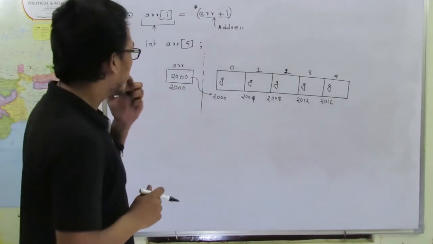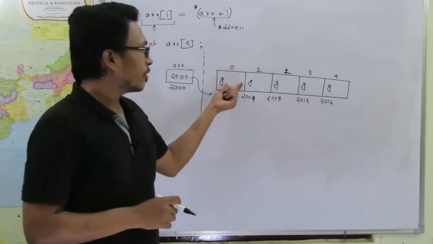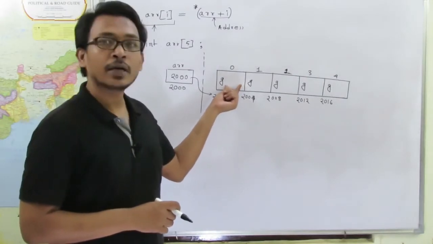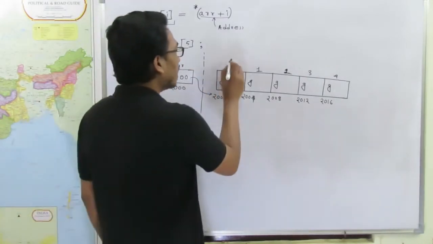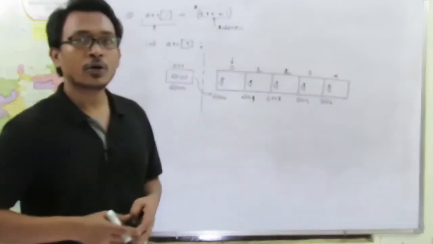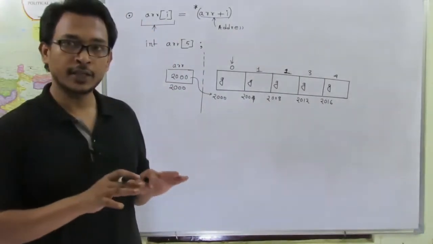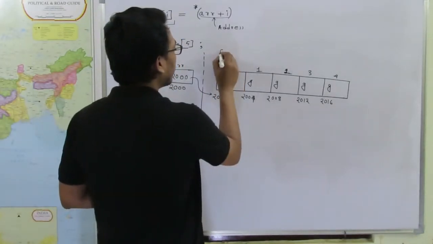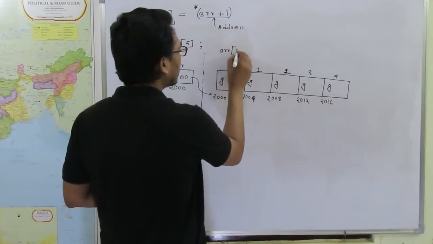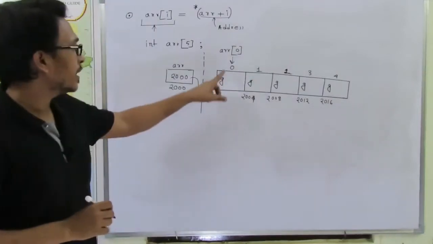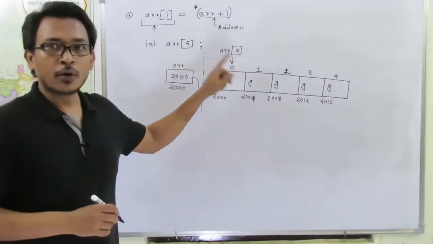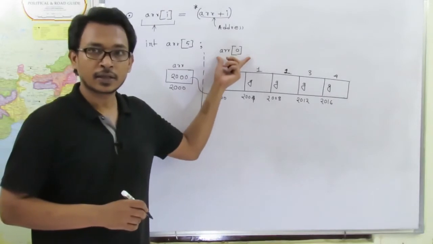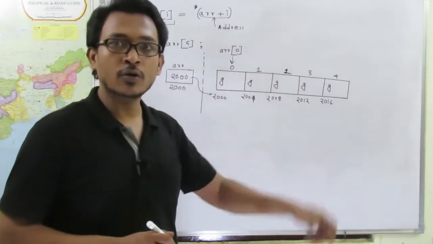Now how can we access the first element from the array? We can use either array notation or pointer notation. Now with the help of array notation, what will be the notation here? The notation will be ARR, then within the subscript operator the index. What will be the index here? Index is 0. For array notation, this one is the instruction. Now for pointer notation, what will be the instruction?